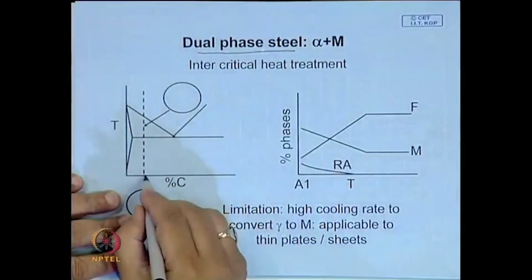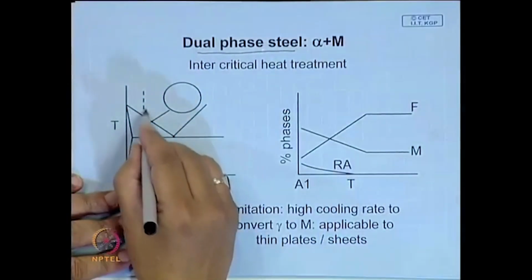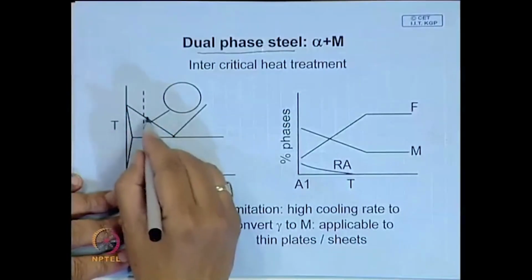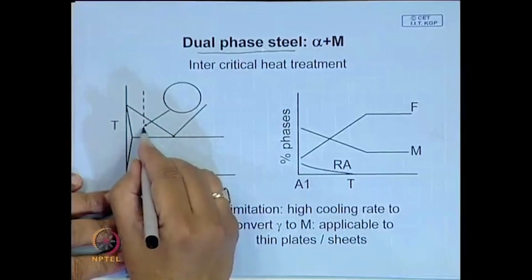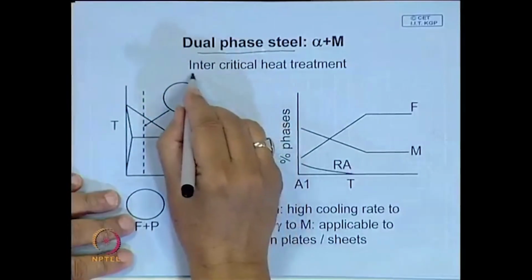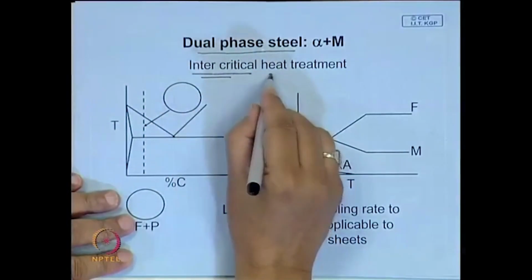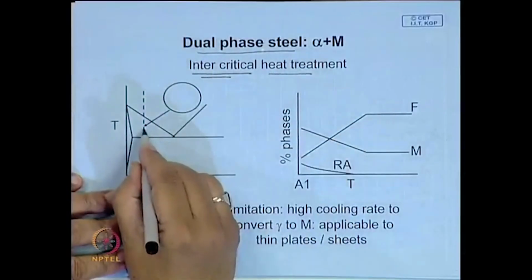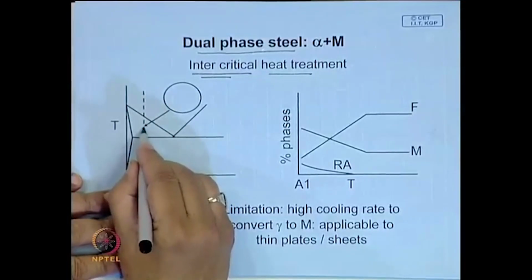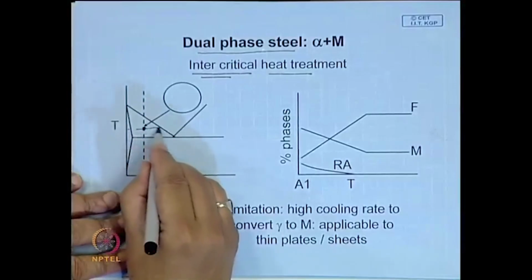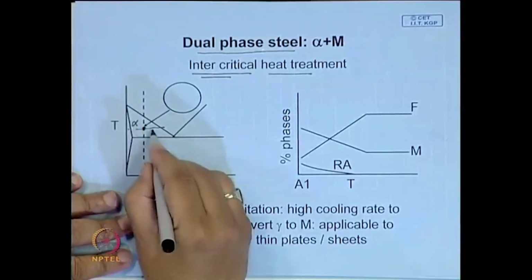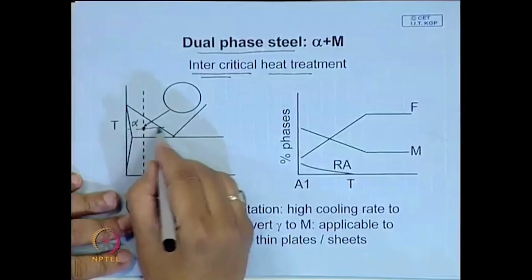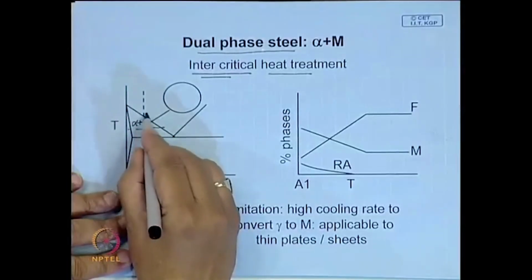Now, what happens? What we do is cool from the intercritical region; we give an intercritical heat treatment to steels. It is also possible to do it online. Suppose you quench a steel from somewhere here, at this temperature. What do you have here? You will have ferrite plus austenite.